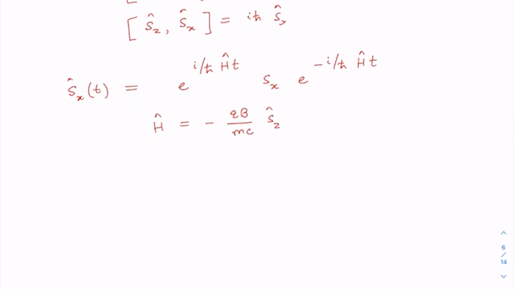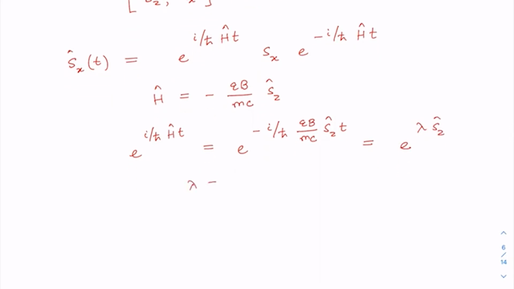What I can do is write e to the power i by h cross H t as e to the power minus i by h cross qB by mc S_z. For simplicity, let me write it as e to the power lambda S_z, where lambda is equal to minus i by h cross qB by mc into t.